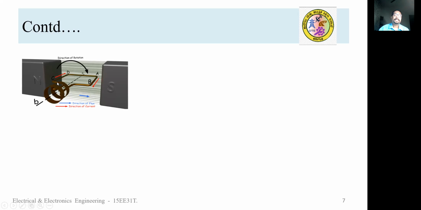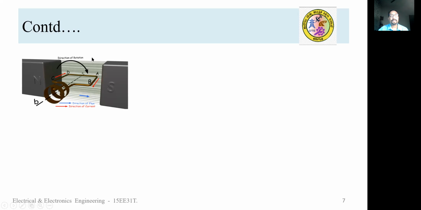Similarly, applying the rule to coil side CD, the induced EMF flows away from the observer.